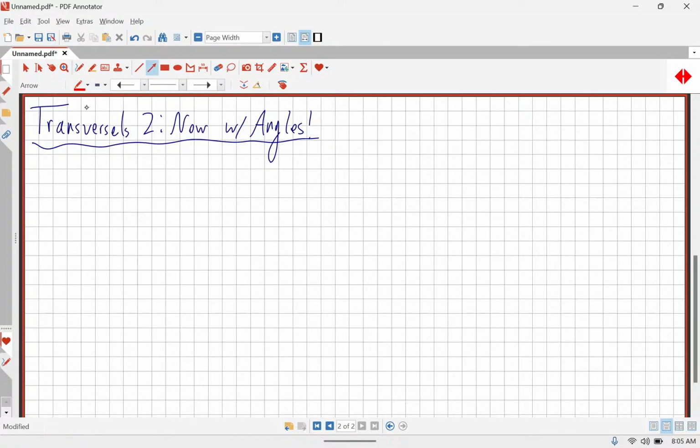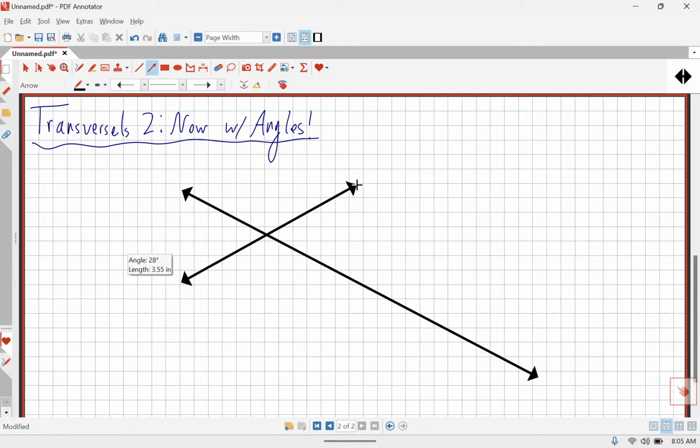So I want you to do something kind of odd here. I want you to draw a line like this that's kind of long. And then a line intersecting it kind of like this, so it looks a little bit like a sword.